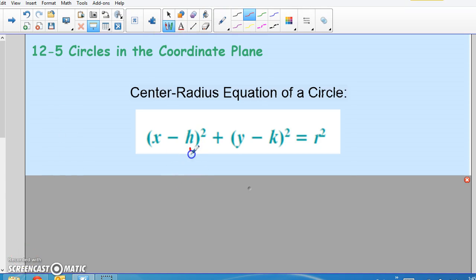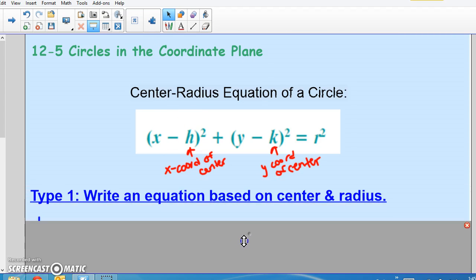When you have this written, h is really the x coordinate of the center, and k is the y coordinate of the center. Okay, r, as usual, stands for the radius.